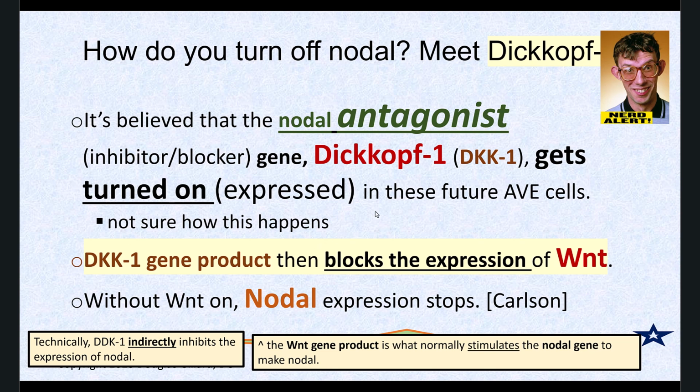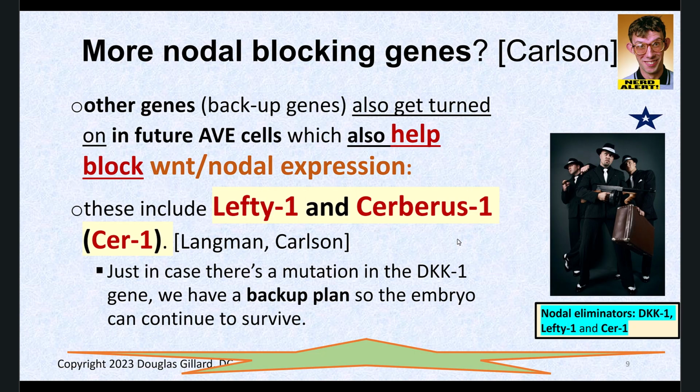More specifically, DKK1 doesn't directly block the nodal gene, but it blocks the roots of the nodal gene, which is another gene called WNT, W-N-T. So DKK1 goes and turns off the WNT gene, and without the WNT gene on, nodal expression stops. Really, technically, DKK1 indirectly inhibits nodal by cutting it off at the roots, cutting off the WNT gene. That's how that works.